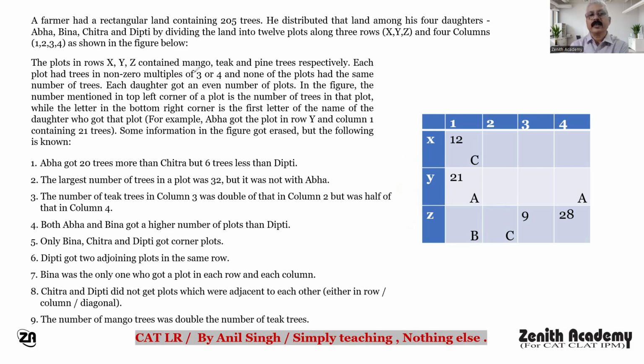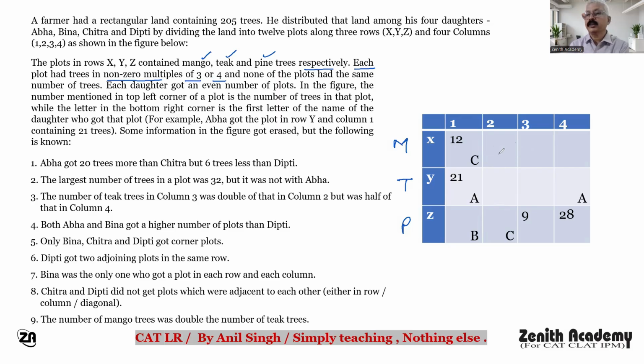The plots in rows X, Y, Z contained mango, teak, and pine respectively. This means row X is for mango, row Y is for teak trees, and row Z is for pine trees. Each plot had trees in non-zero multiples of 3 or 4, meaning the number of trees in a plot is a multiple of 3 or 4.